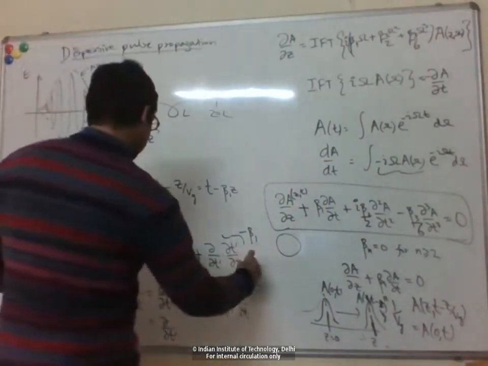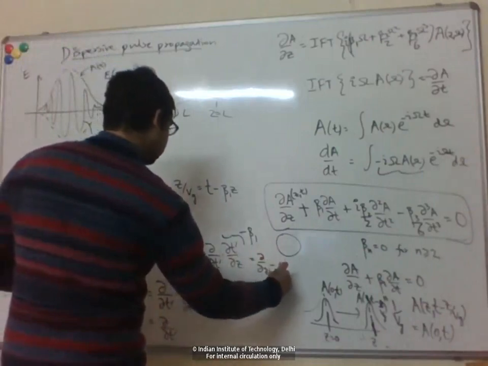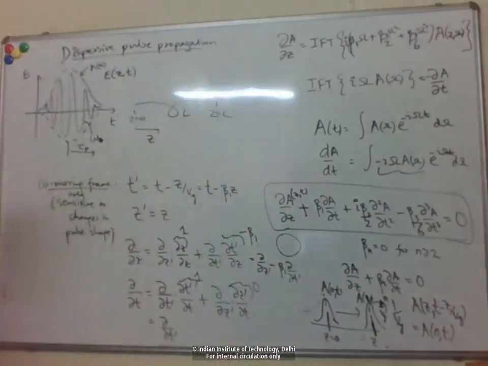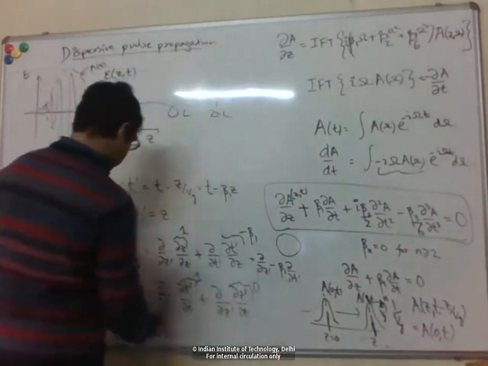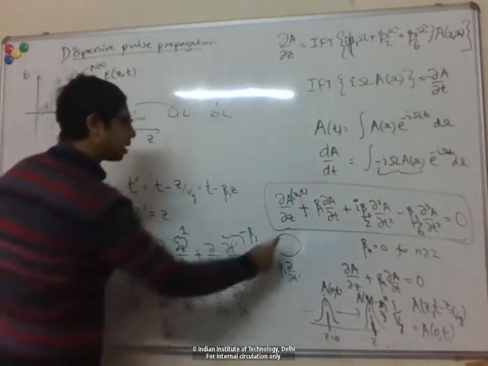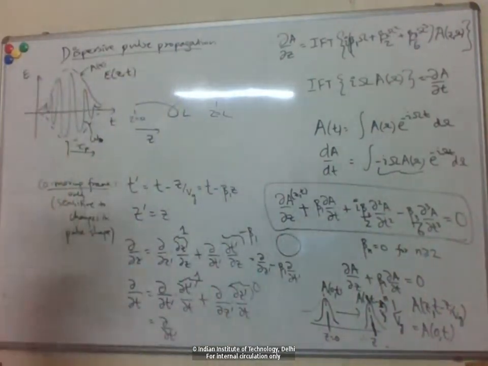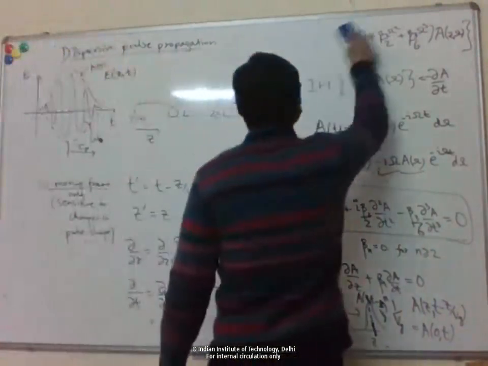So del over del z, I can write as del over del z prime minus beta 1 times del over del t prime. I substitute these expressions for del over del z and del over del t, in terms of z prime and t prime, into this equation to get the equation in terms of the new coordinates in the moving frame.